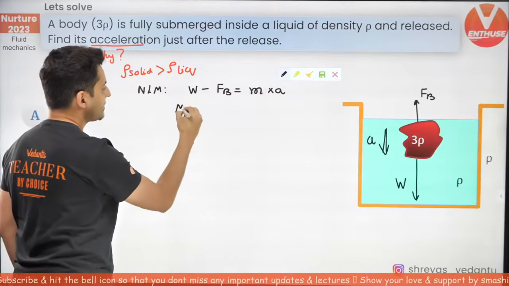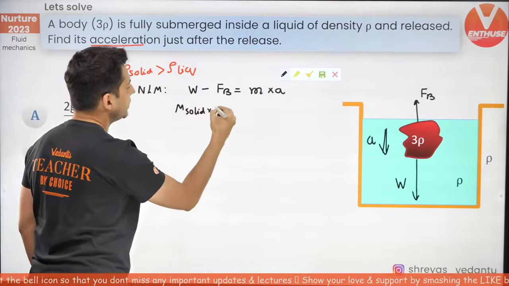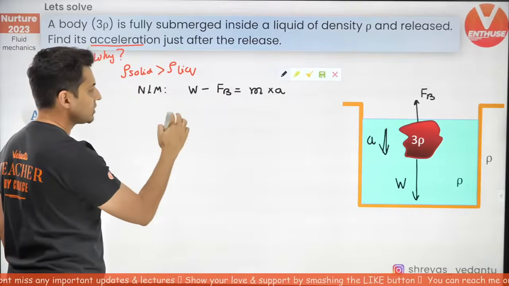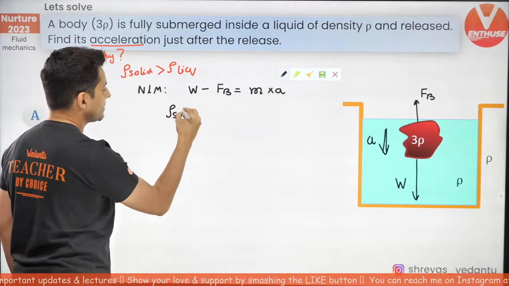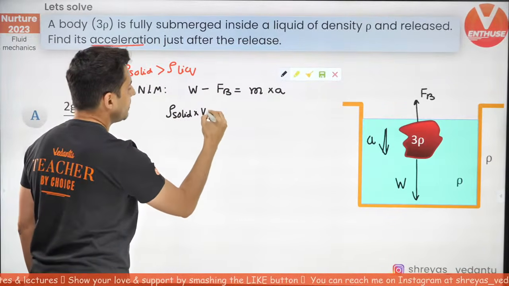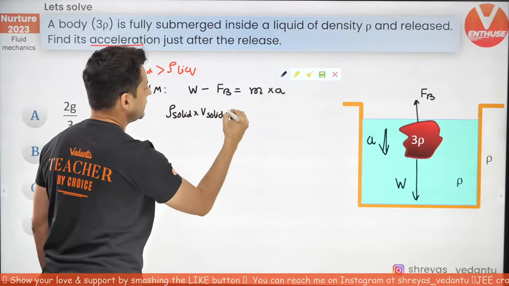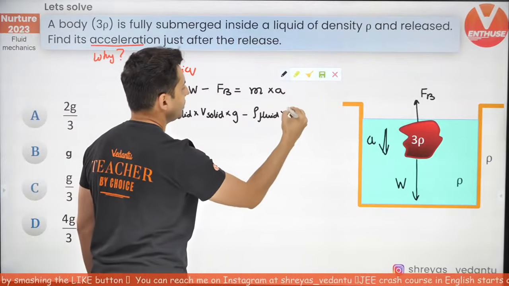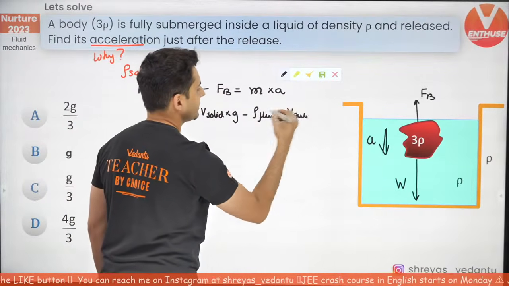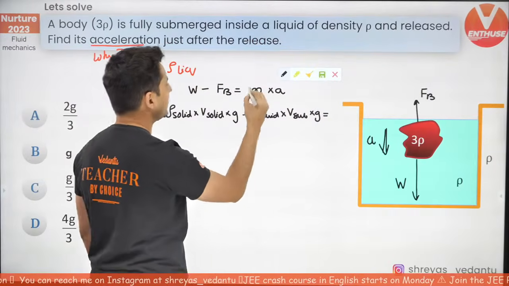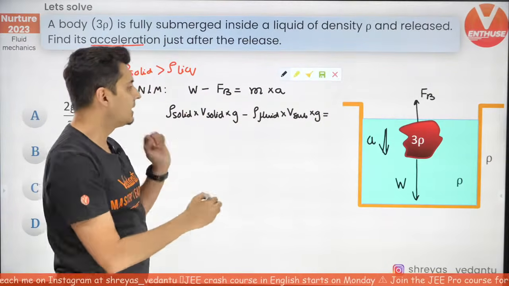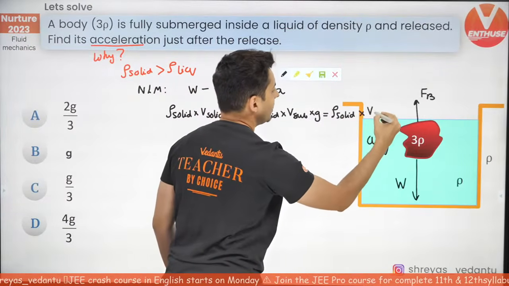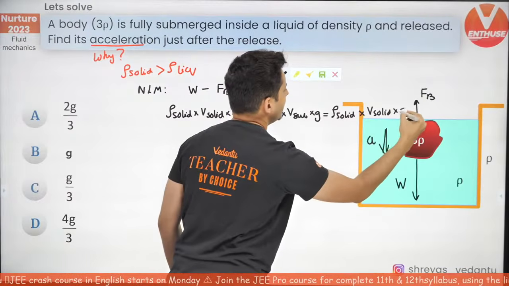Weight is mass of the solid into G. Mass of the solid is density of the solid into volume of the solid. Buoyant force is density of the fluid into volume submerged into G. This is equal to mass of the solid again, which is density of the solid into volume of the solid into A.